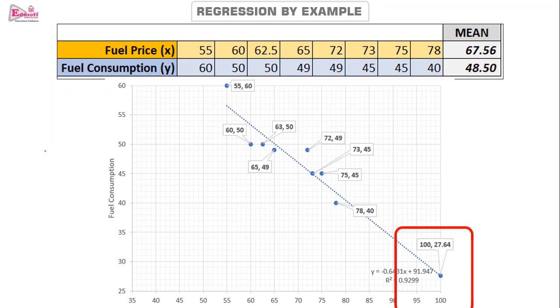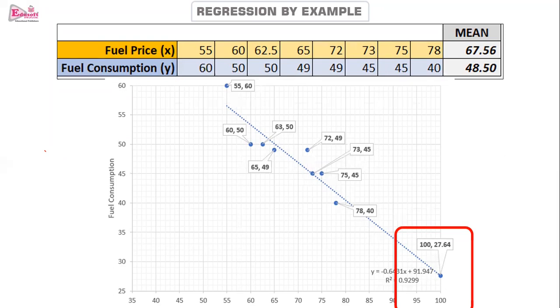You must have noticed that the mean of both the values has already been taken there. Fuel price is the X variable, fuel consumption is the Y variable. Fuel price is actually affecting the fuel consumption. So here fuel price is the predictor variable and fuel consumption is the predicted value.